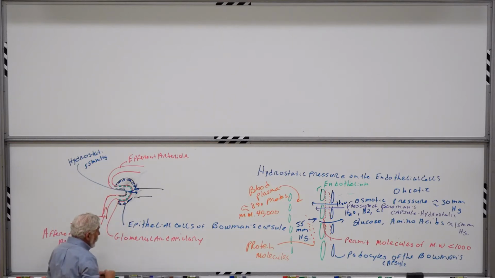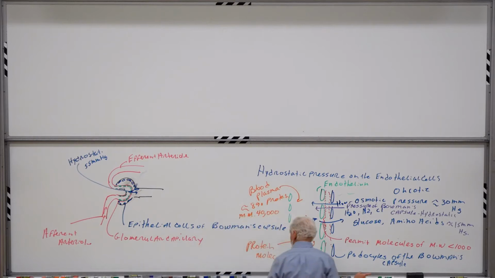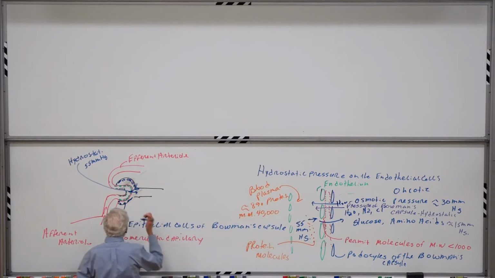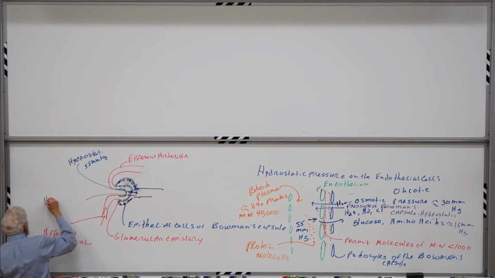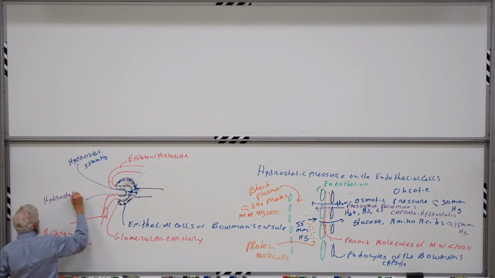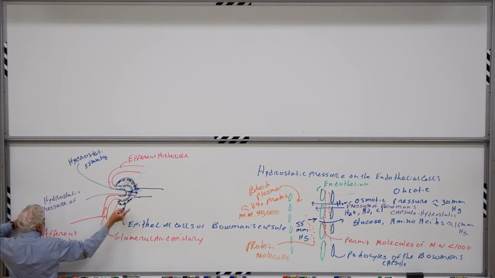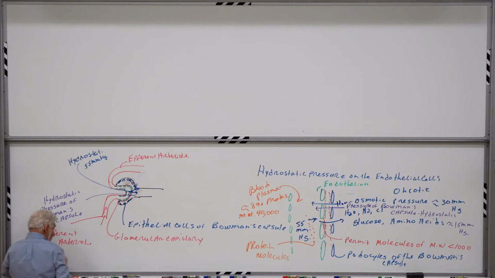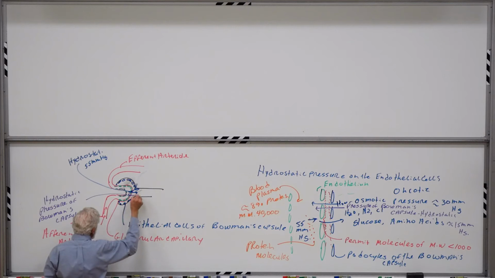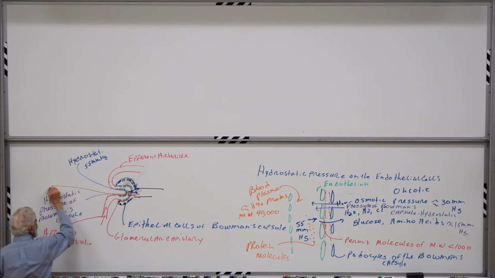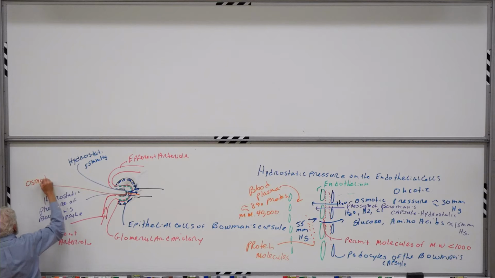But the other two pressures, the one in purple, which is the hydrostatic pressure of Bowman's capsule, along with what I'll put in orange here, the so-called osmotic pressure.